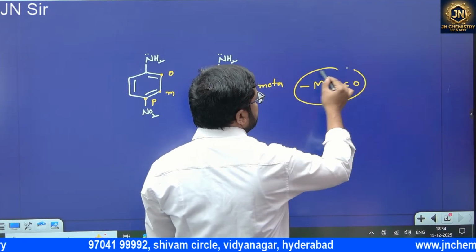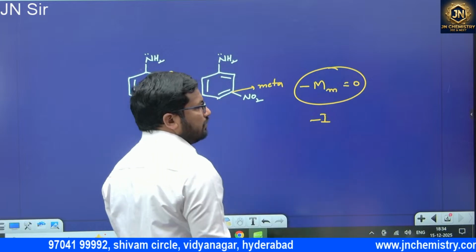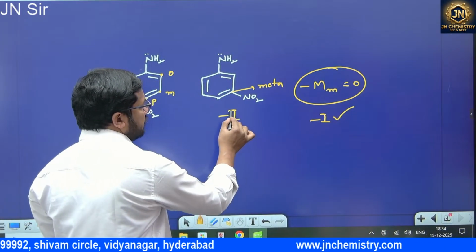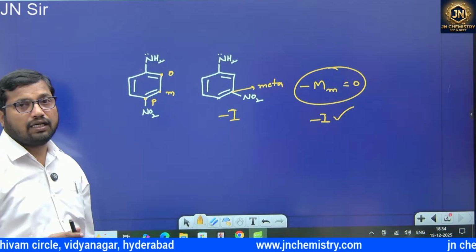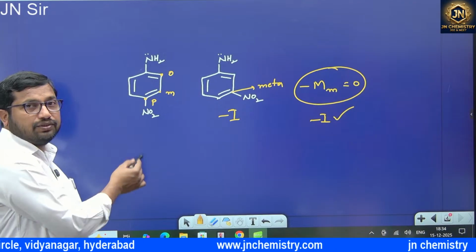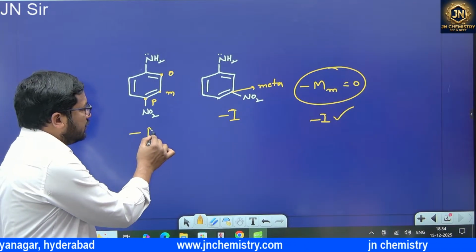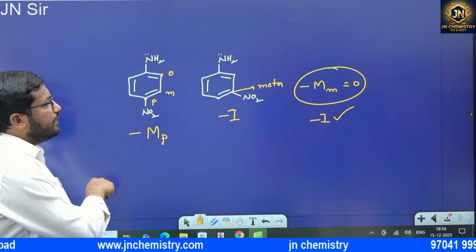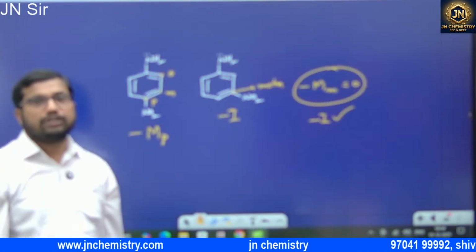So when minus M is 0, what do we take? Minus I. So here is minus I nature. At para position, minus M is working. So minus M para and minus I nature. Which is more basic?